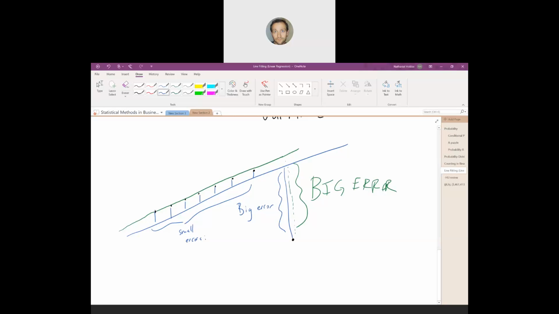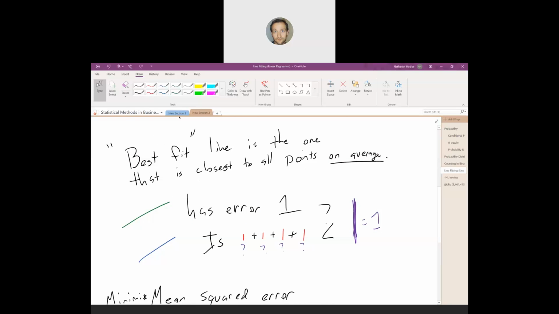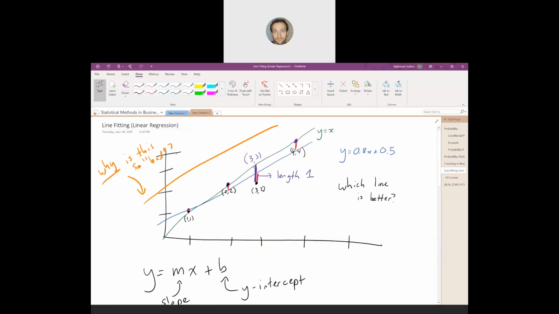The goal is to take the distance from the line to the points, add them all up and create a big line that's the error, like here. So here, this is an error of 1, and then we have a bunch of little errors here for this example. Here we have one big error, and then for the blue line, we have a bunch of small errors.